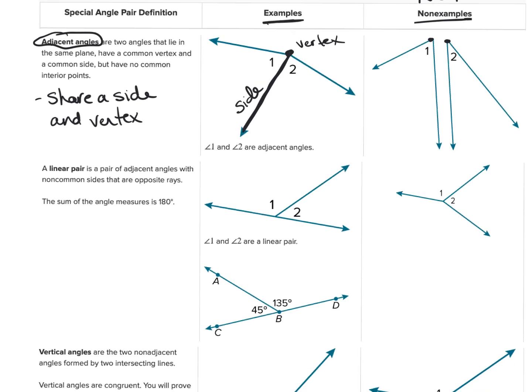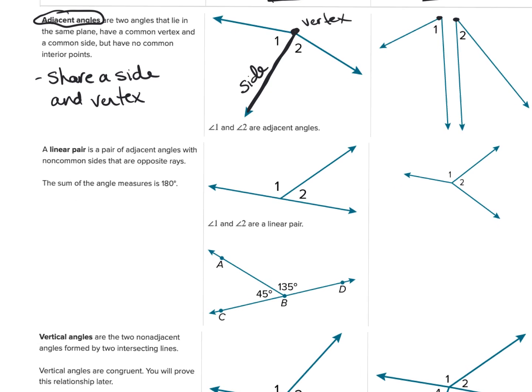The next one is a special kind of adjacent angles, because you'll notice here angle 1 and angle 2, they are adjacent, but what's special about them is that they form a line. Okay. And these are called a linear pair. Okay. And you'll notice that the first 4 letters of linear pair is line.